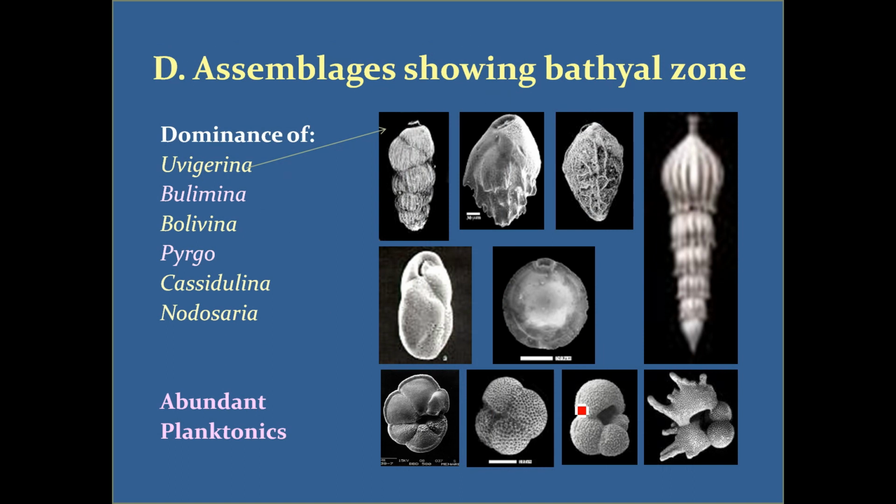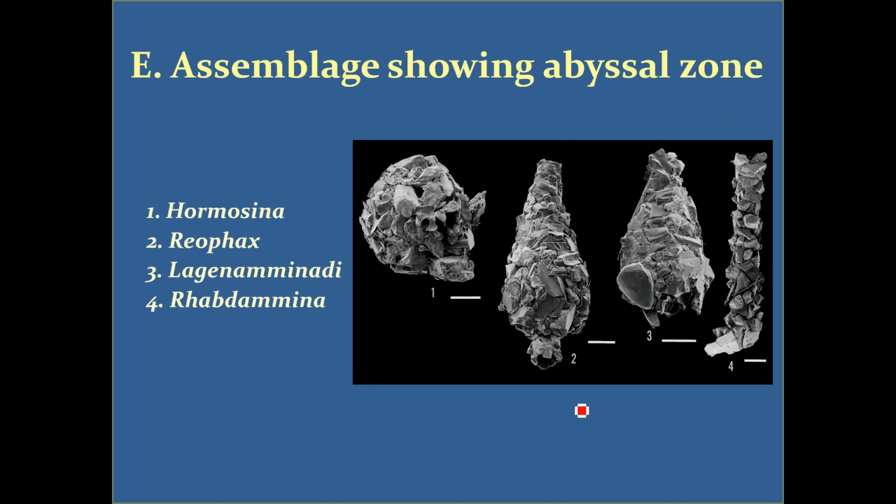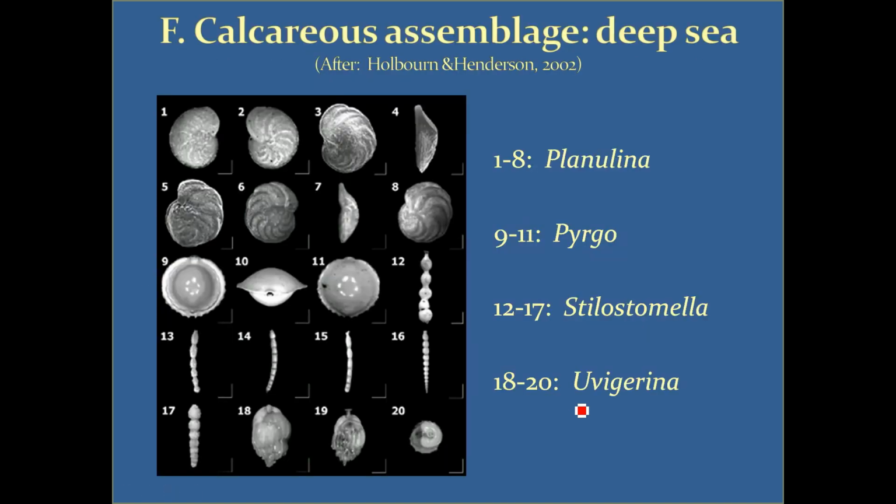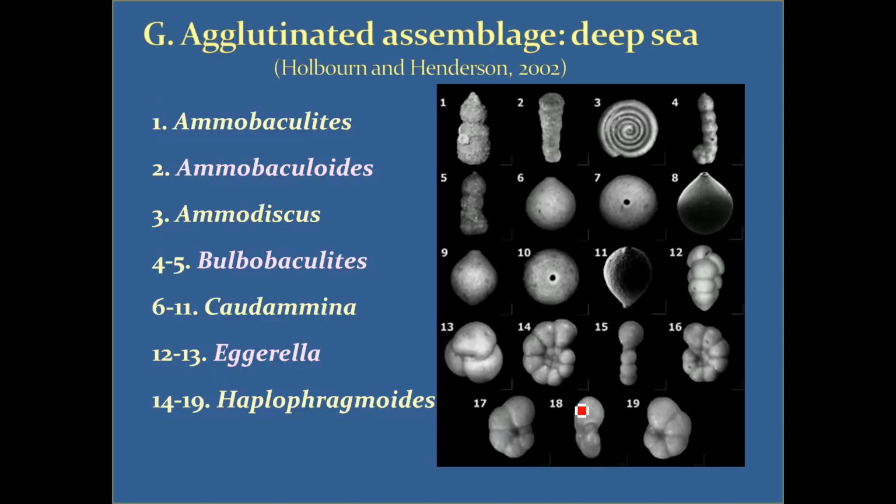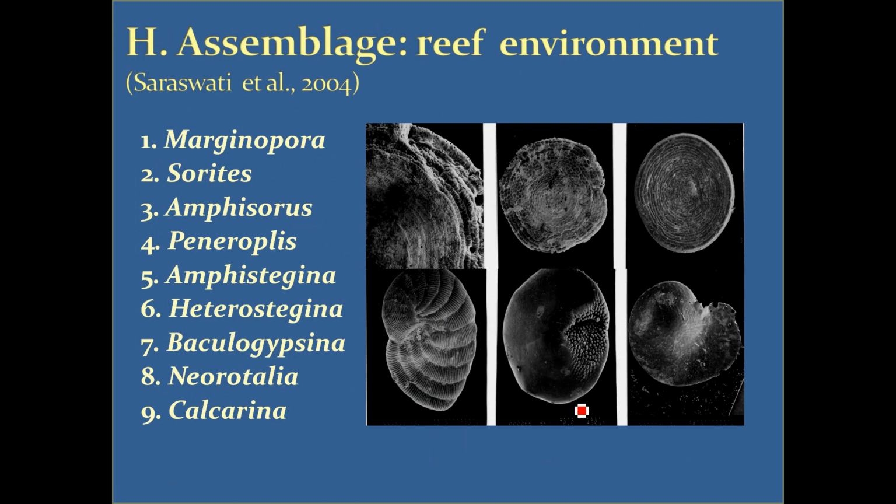Assemblage of benthic and calcareous species in this particular slide is showing bathyal condition. Assemblage here, consisting of agglutinated foraminifera, is showing abyssal conditions of deposition. Calcareous assemblage from deep sea will look like this, and agglutinated assemblage from deep sea will look like this.